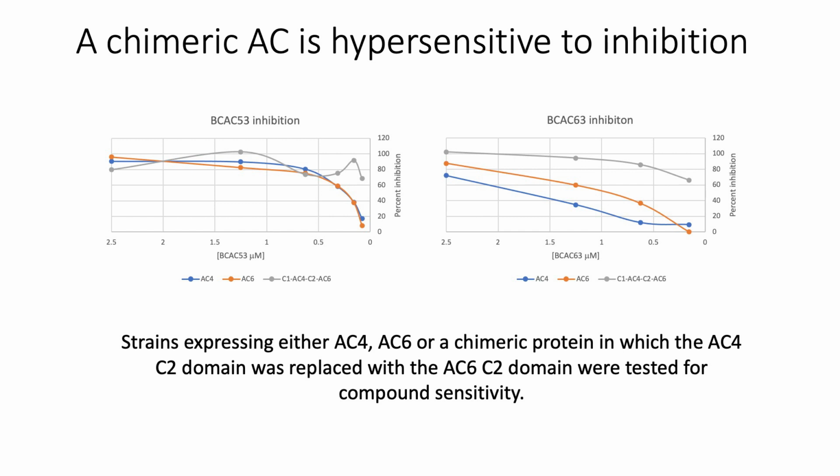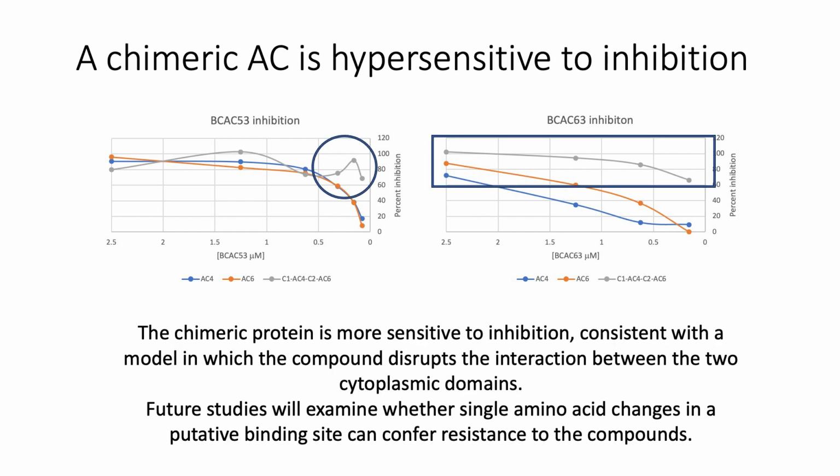But what that did was give us a new model for what's going on. And it suggests the idea that what the compound actually is doing is going between the interface between the 2 cytoplasmic domains to interfere with activity. That would explain why it works on the basal enzyme. That would also potentially explain why it doesn't work in the in vitro enzyme assay.